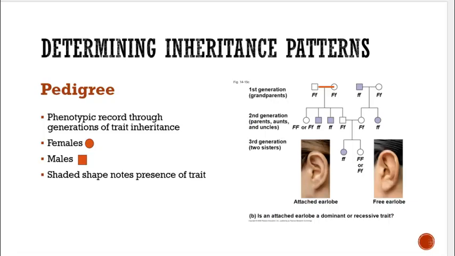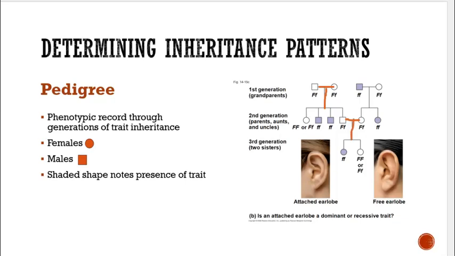Squares are males, circles are females, and any line coming down refers to their children. Here one of their children, their son, got married to an individual from this family. So there's a union, and then they had two children.